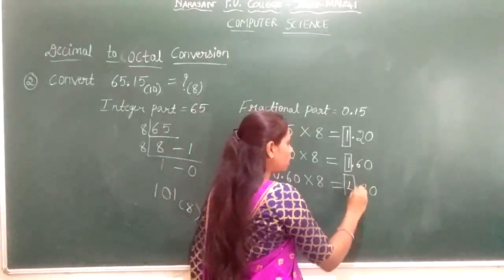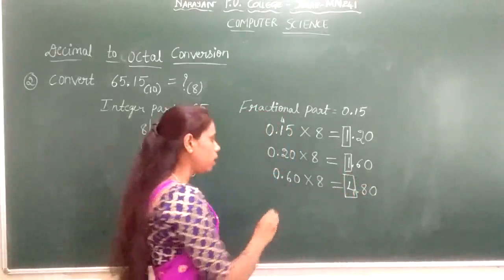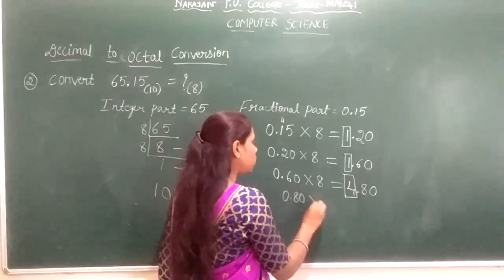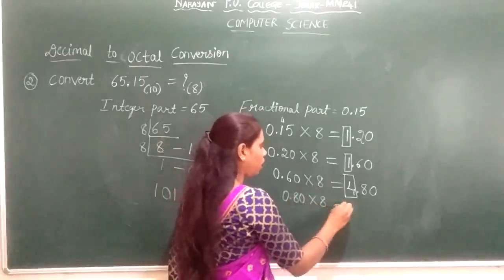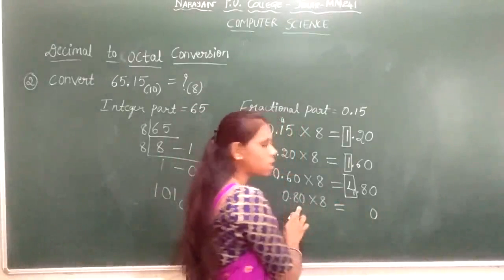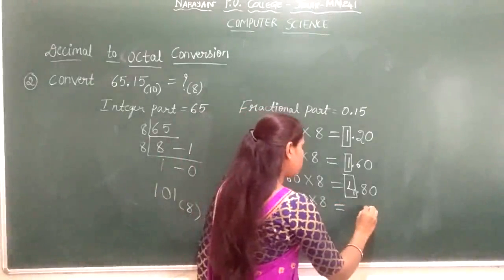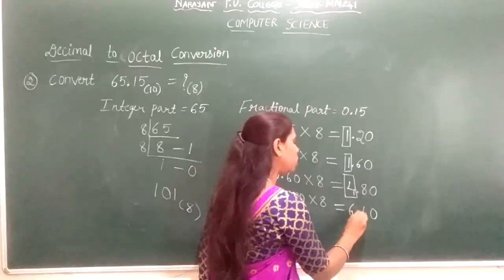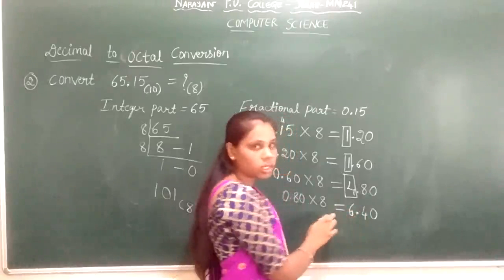Note down this integer value. Next consider only the fractional part 0.80 multiplied by 8. 8 into 0 is 0. 8 8s are 64, so 4 will be written and 6 will be carried to the next position.